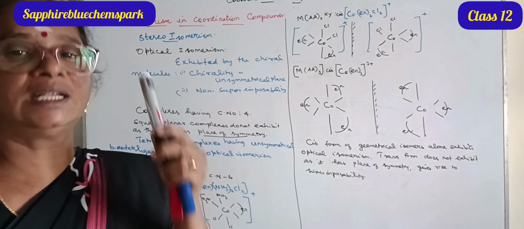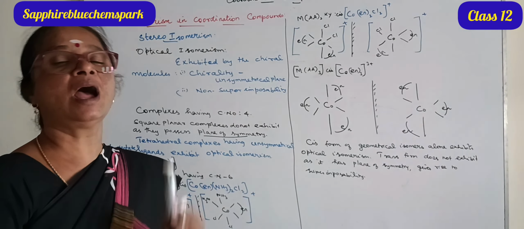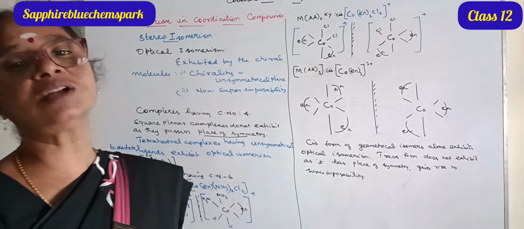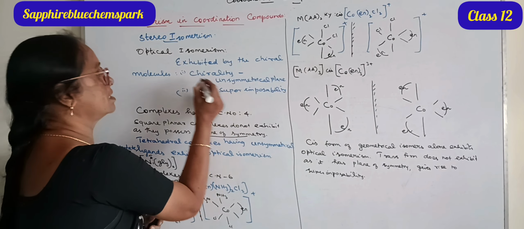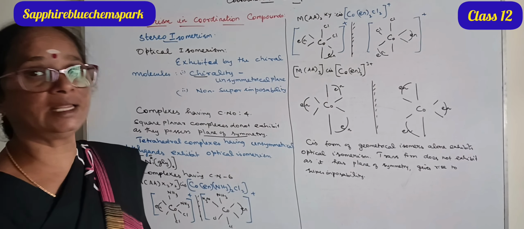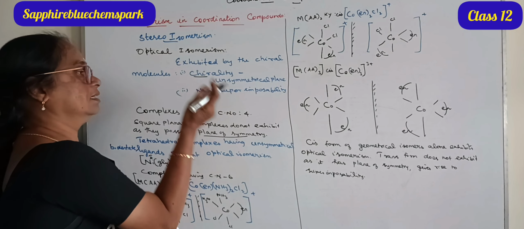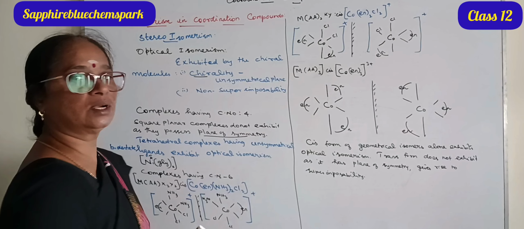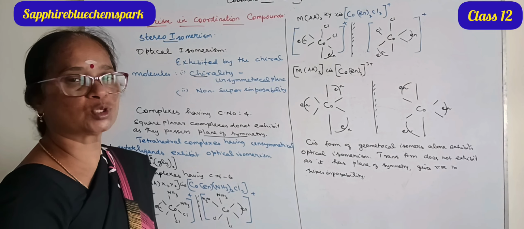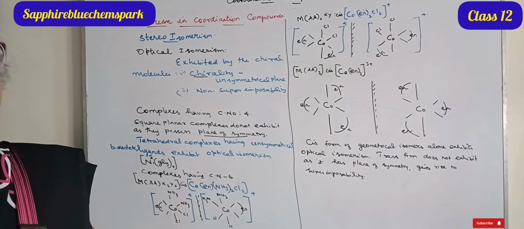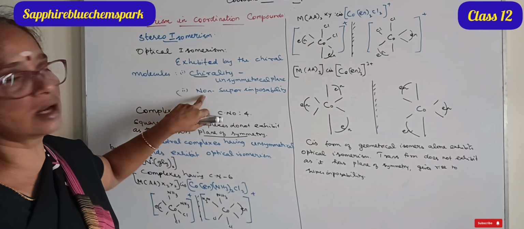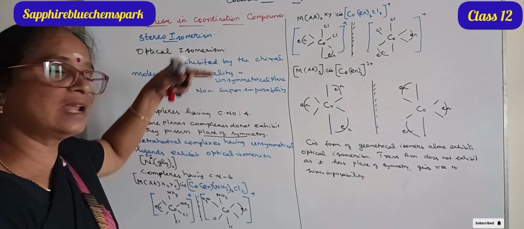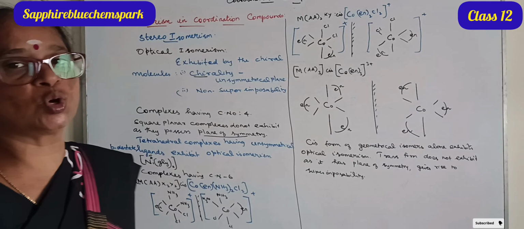One is the absence of a plane of symmetry, termed chirality of the molecule, and the other is non-superimposability. The image and its molecule should never be superimposable. The complexes satisfying the two conditions of chirality and non-superimposability can exhibit optical isomerism.